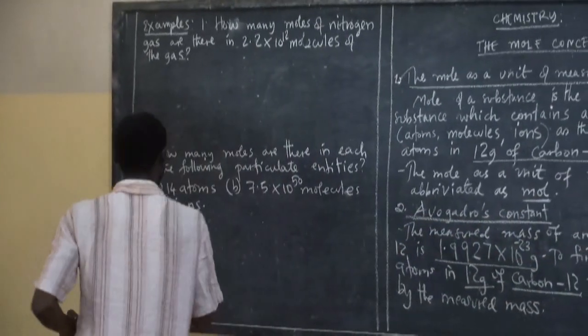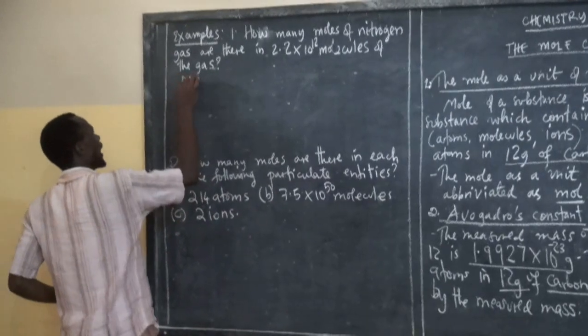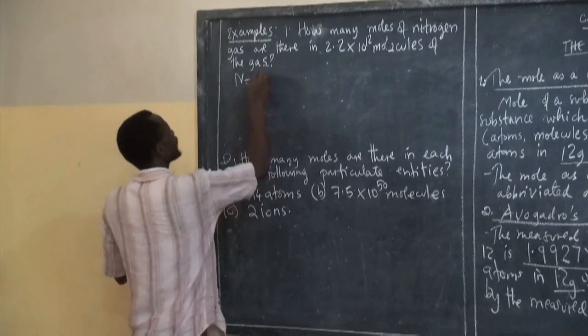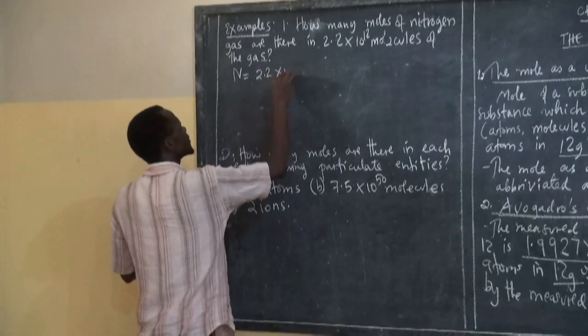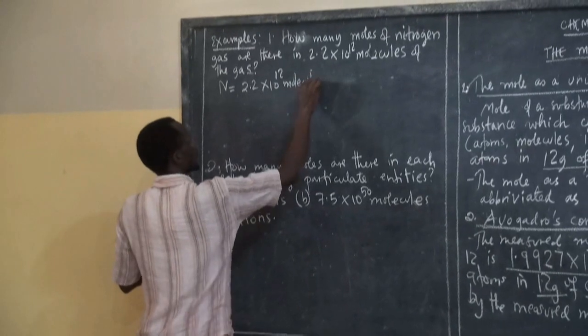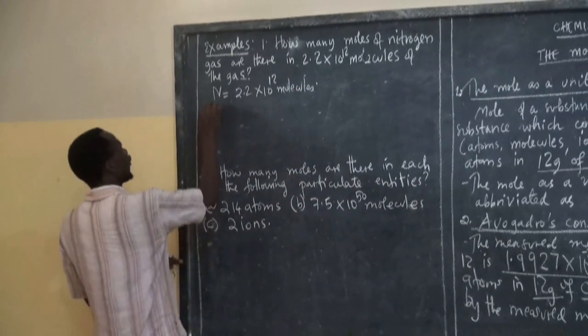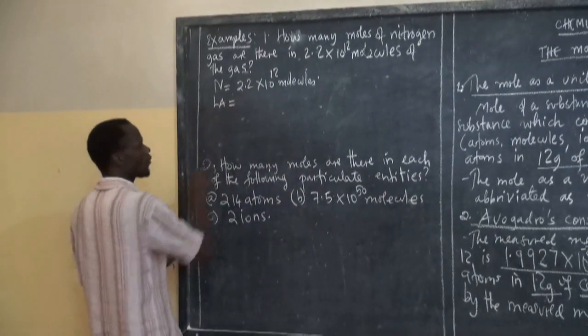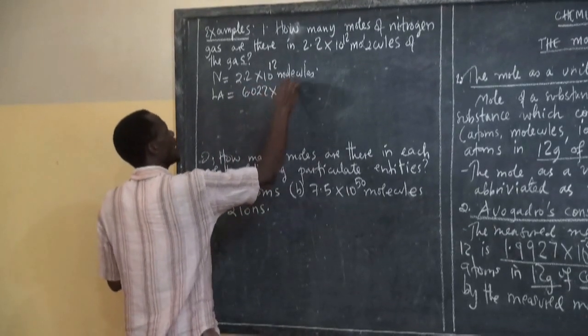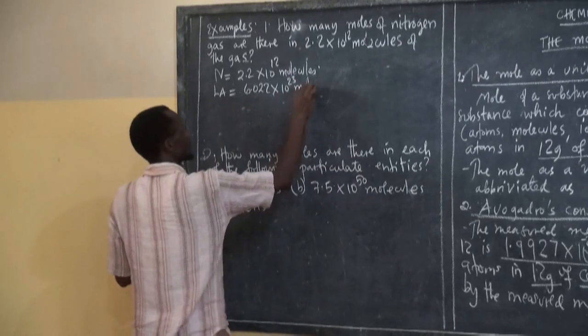So from the question, we have capital letter N that represents how many molecules are there. We have 2.2 times 10 power 12 molecules. And then we have L, that is Avogadro's constant, 6.022 times 10 power 23 molecules.